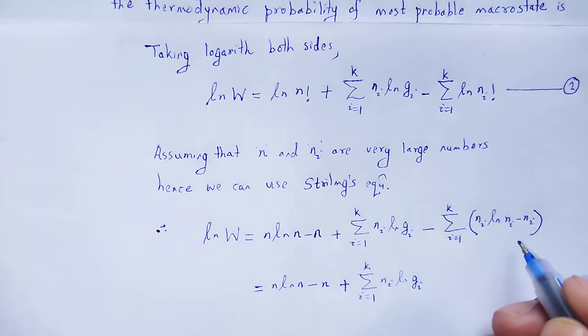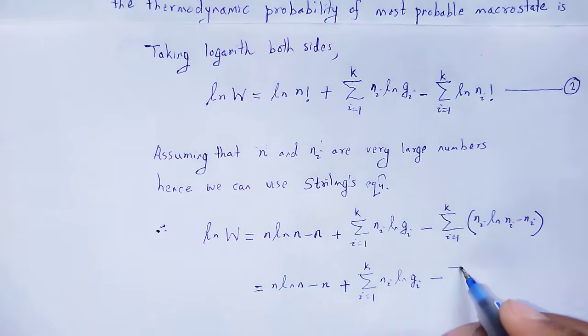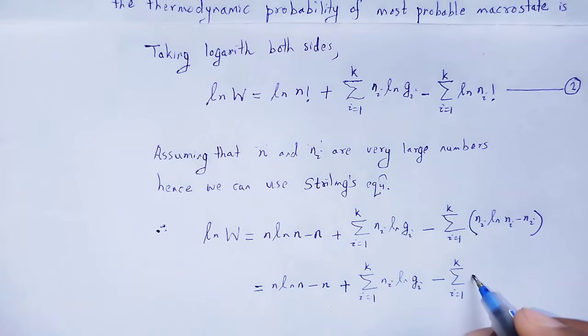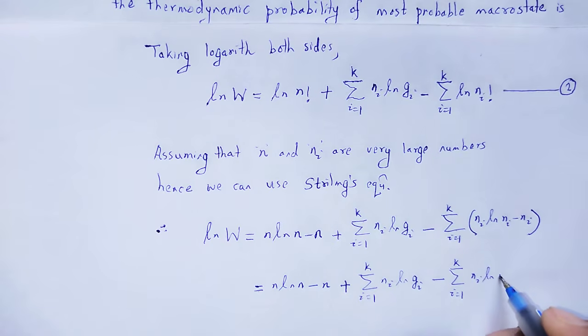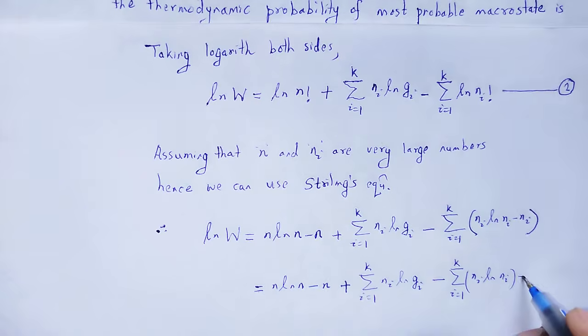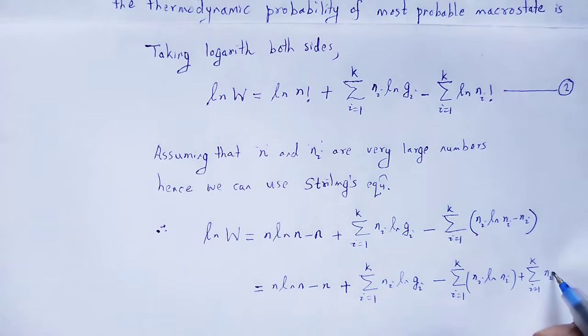Now separating these two terms, minus summation over i from 1 to k Ni ln Ni, minus minus plus summation over i from 1 to k Ni.